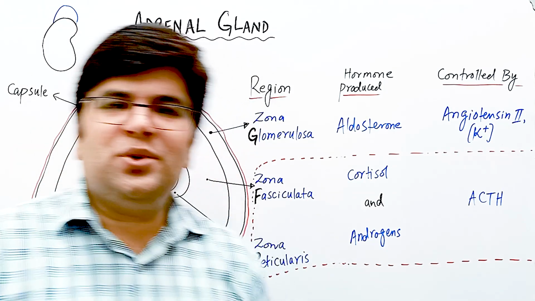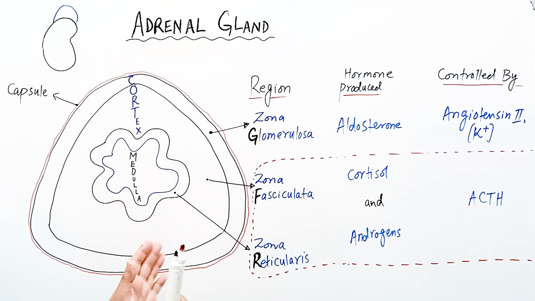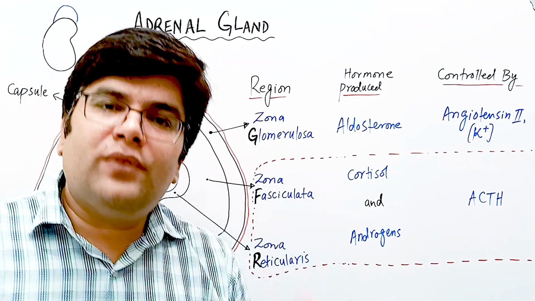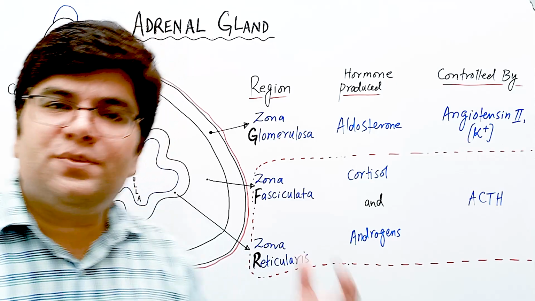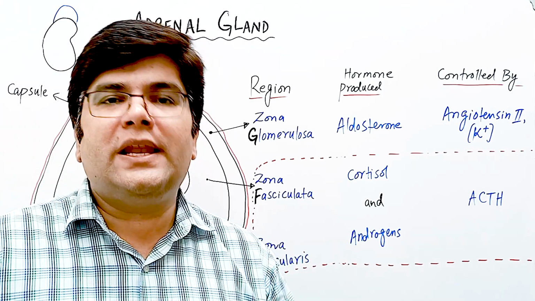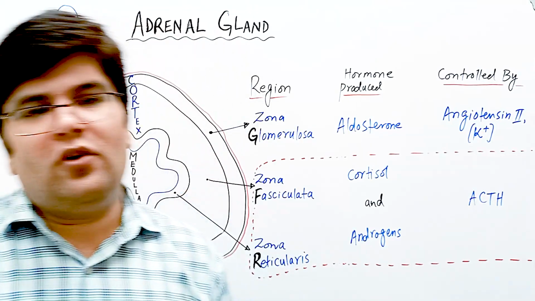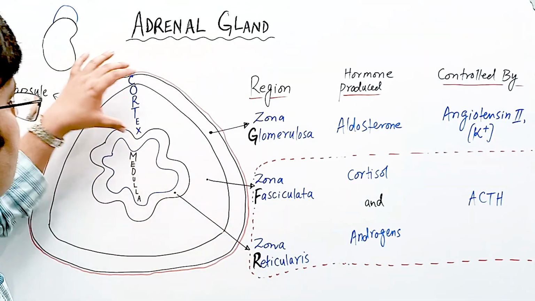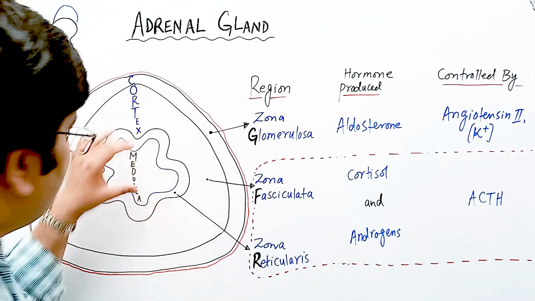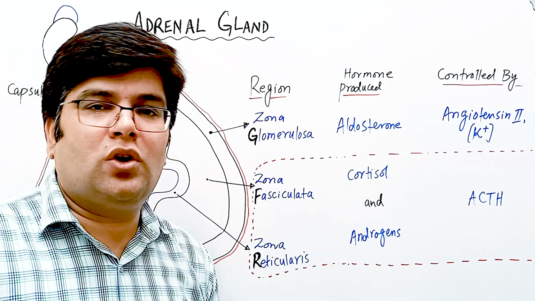It is very interesting to note that this very small gland, just 4 grams in weight, has a diverse type of hormones which it produces. Adrenal gland produces more hormones than any other gland of our body. The outer adrenal cortex produces steroids which are lipid soluble hormones. Medulla produces catecholamines which are water soluble hormones.